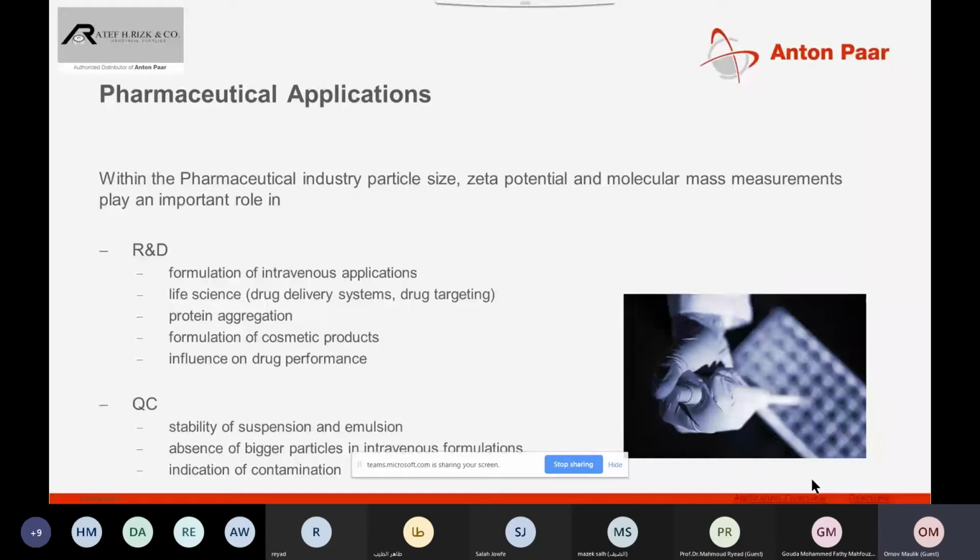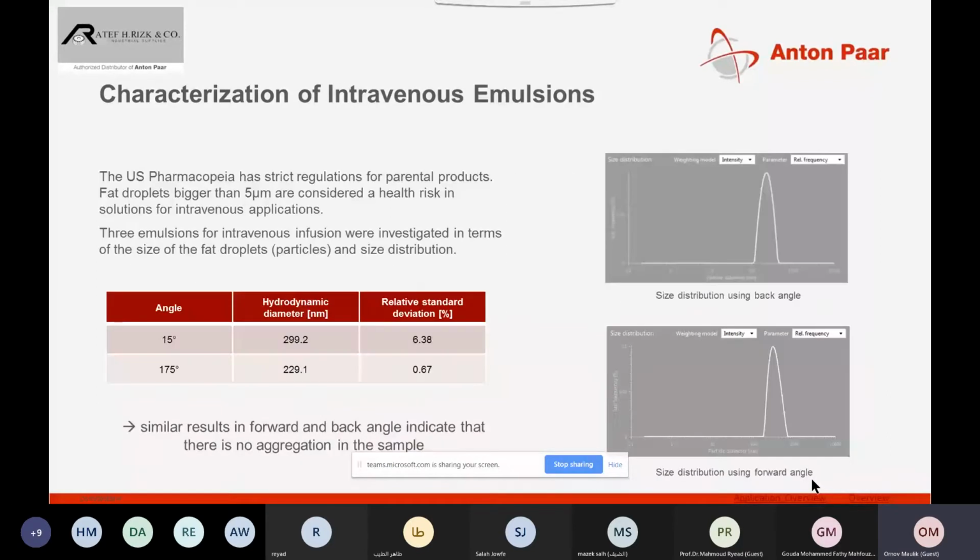And zeta potential in some way will give you an idea about the storage stability of that particular medicine. So this is just an example of an intravenous emulsion, an injectable emulsion, basically for treatment.